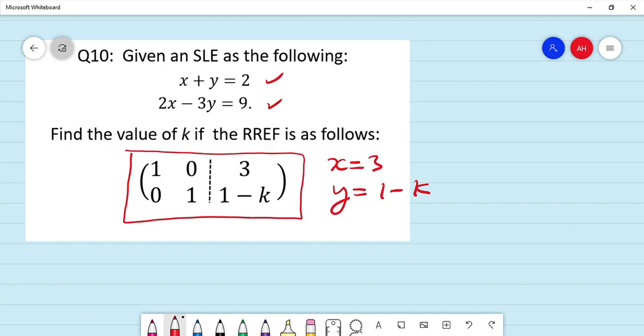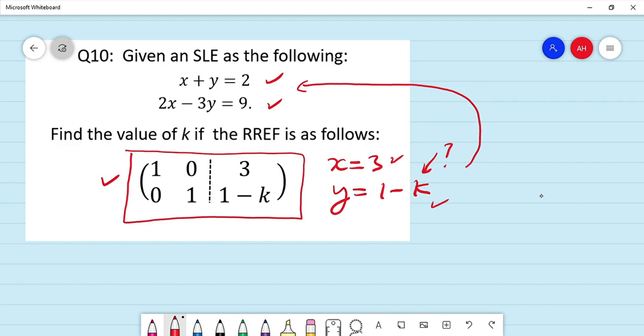Okay, that's what we get from this RREF. Now, the question is, we want to find what is the value for k here. One idea is that we can substitute the value of x equal to 3, the value of y equal to 1 minus k, substitute these two values into equation 1 or equation number 2.